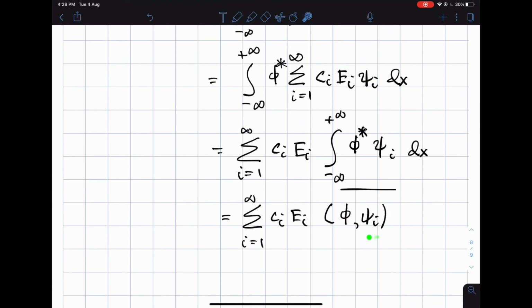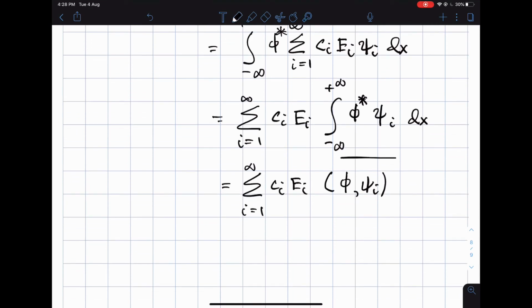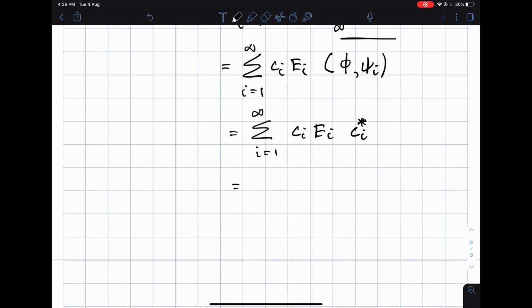Here the ordering has been reversed, so over here it should be the sum from 1 to infinity of Ci Ei Ci star. So we can write this as the sum over i to infinity of Ei times the modulus of Ci squared. So this is what the expectation value of my Hamiltonian operator is in the state phi.